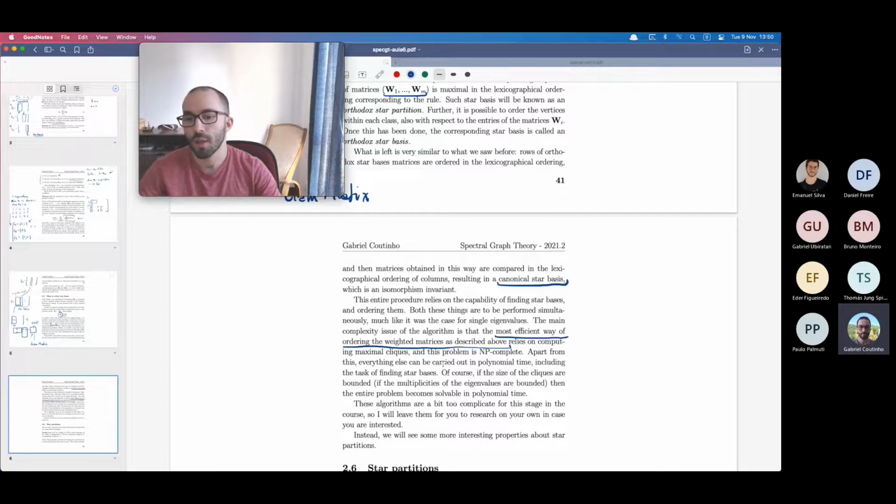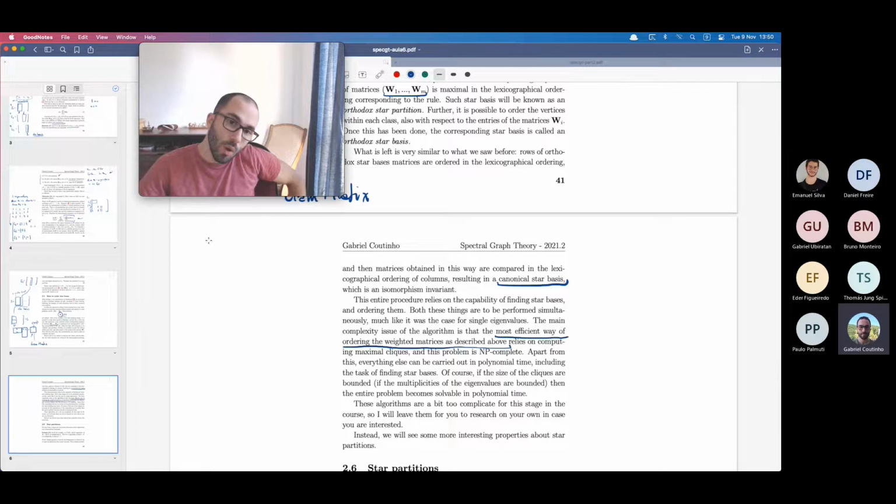The whole thing has to do with how you can order these weighted matrices. This has to do with finding maximal cliques on these weighted graphs, and this is NP hard. Finding is NP hard; the decision version is NP complete. Of course, if the sizes of the cliques are bounded, and this is exactly connected to the multiplicities of the eigenvalues, then things change.